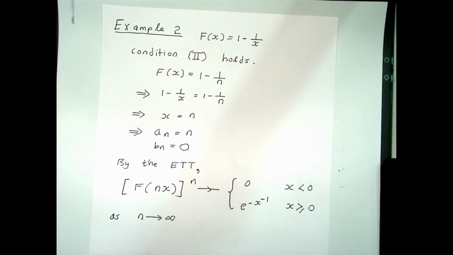You should look at the previous videos where I did the same example 2. You may recall that condition 2 holds with alpha equal to 1. So that's why you have the power minus 1.